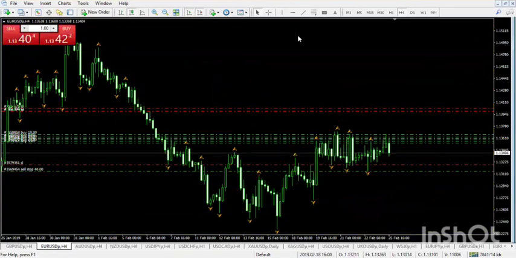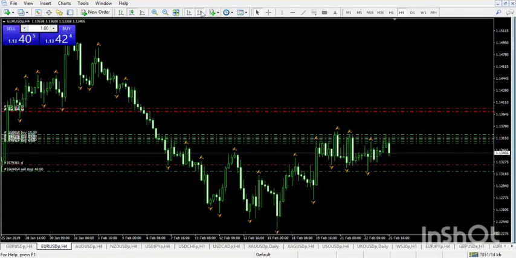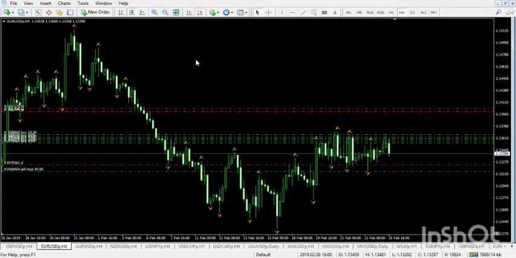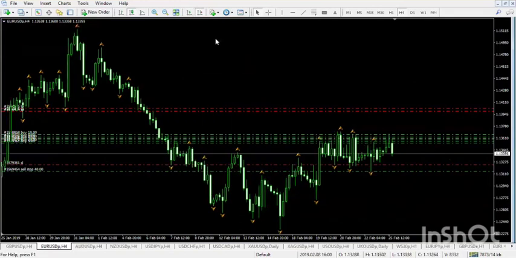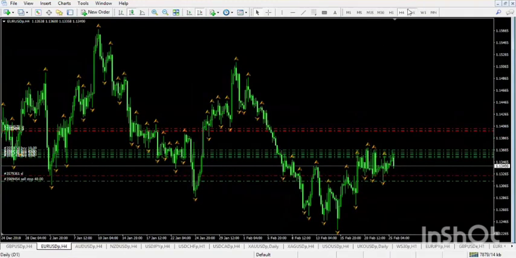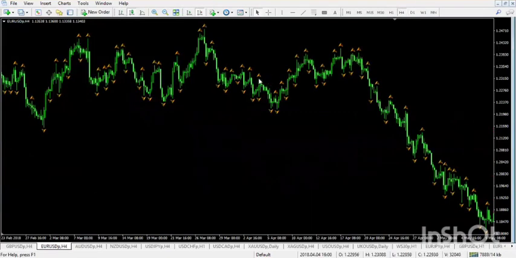So let's move on to the manual GAN technique. It's a very good technique for analysis. This technique is in longer time frames, usually 4-hour time frames or more.